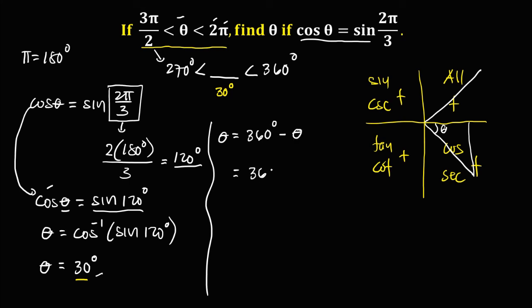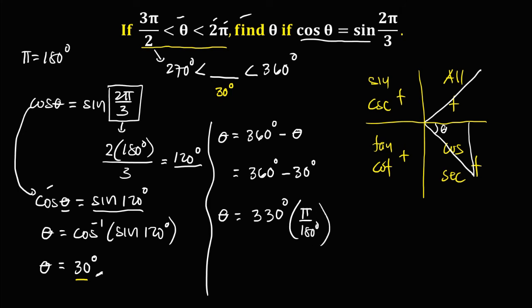Then we have 360 degrees minus this computed θ, that's 30 degrees. So therefore θ is equal to 330 degrees.